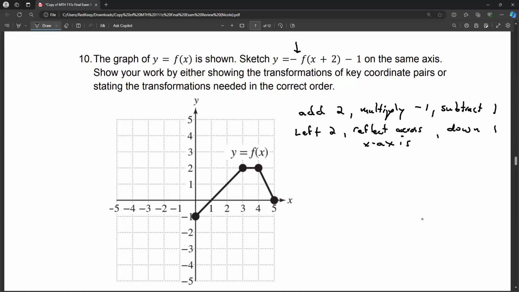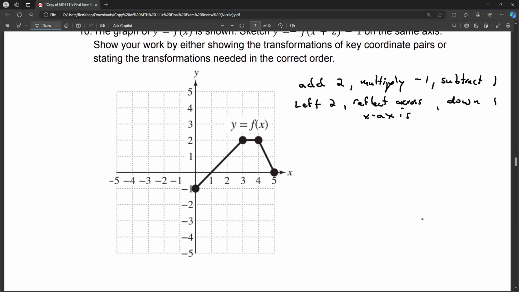Let's see. Our point here, the y-intercept, -1 is the output. If I add 2, which would be moving it to the left 2, I would be moving it here. Then reflect it across the x-axis, so I'm going to move it up here.